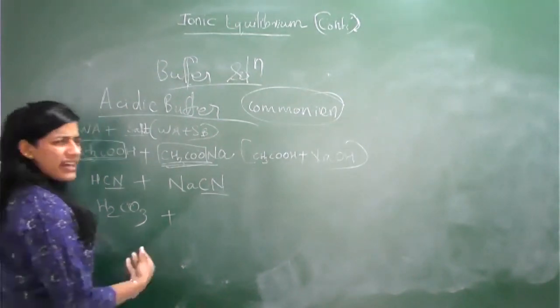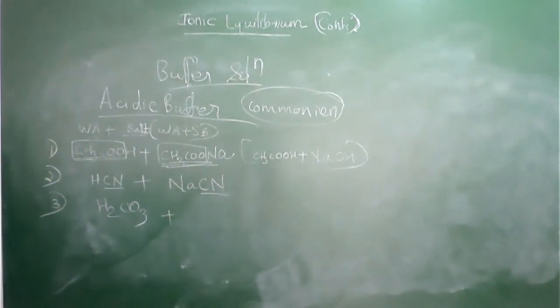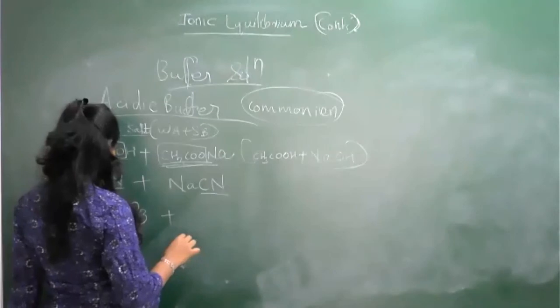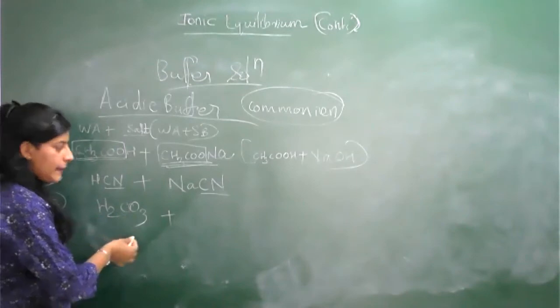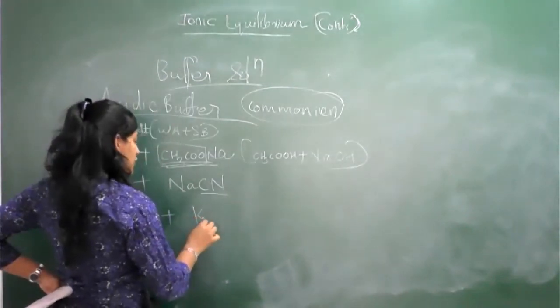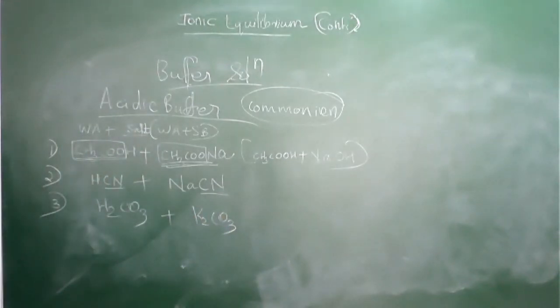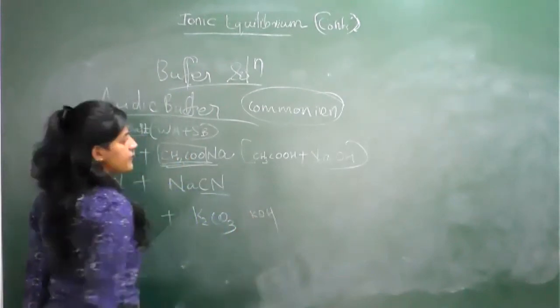You can use KOH, or anything, but what about your answer? Suppose I give you K2CO3. KOH is the strong base. Potassium hydroxide is the strongest base here.